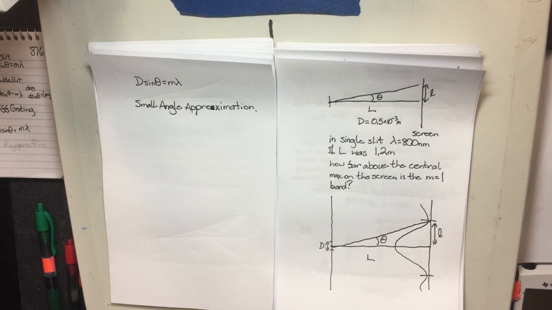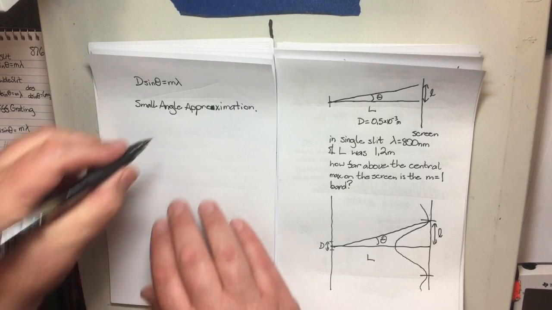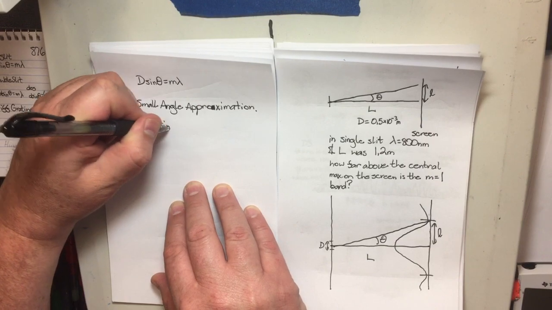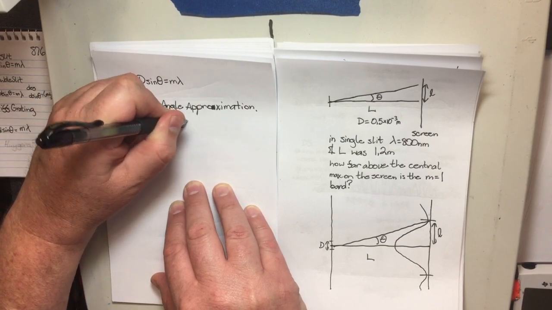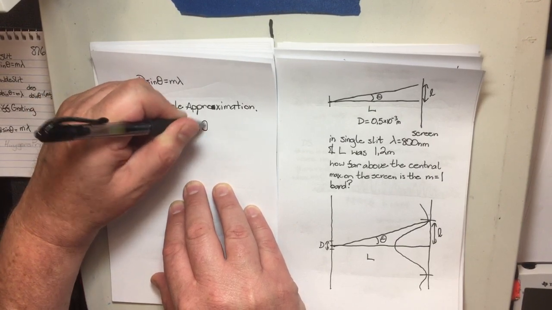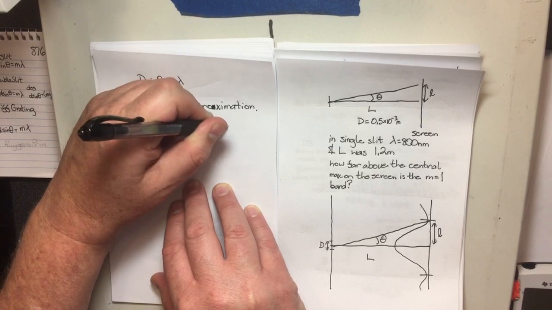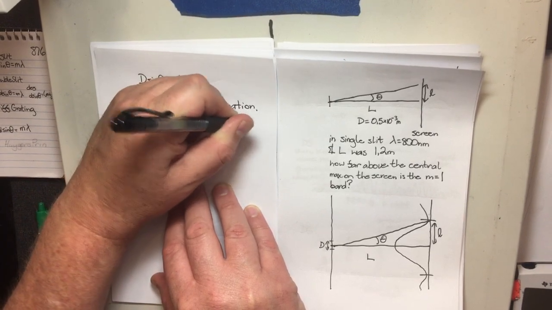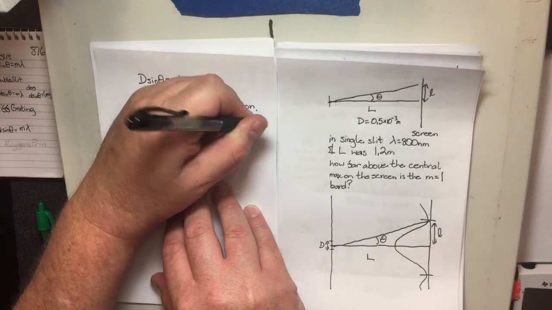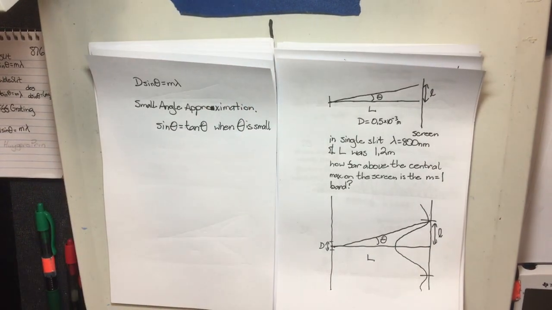The smaller the angle, the more sine theta equals tan theta when theta is small. So when theta is really small, those two quantities are effectively equal to each other.